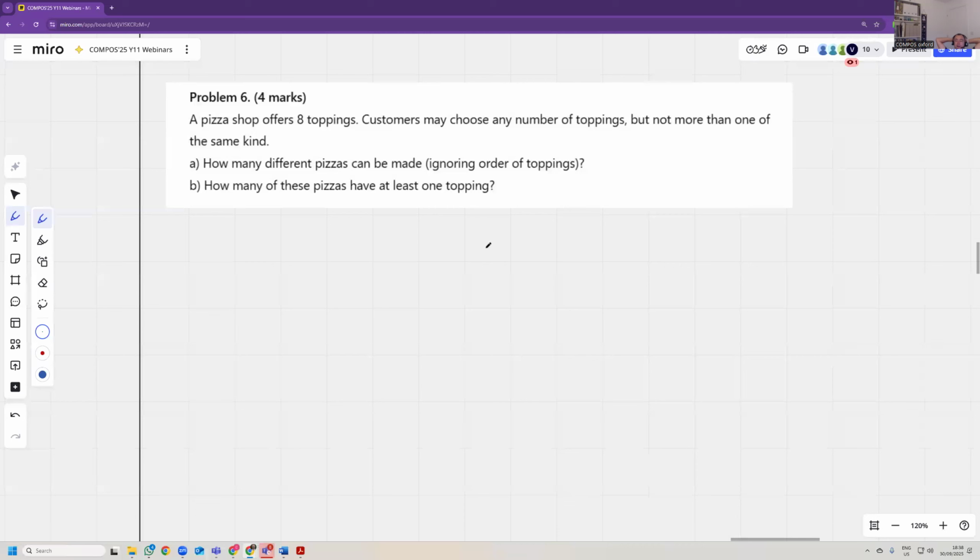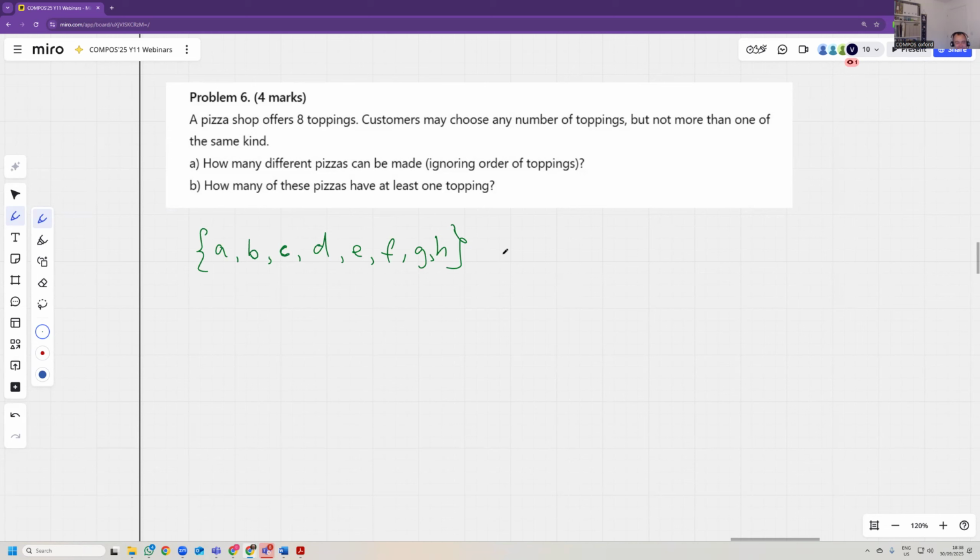So you have toppings. Let's say we have topping A, topping B, topping C, topping D, topping E, F, G, and H. So there are 8 toppings: apricots, bananas, chocolate, whatever.